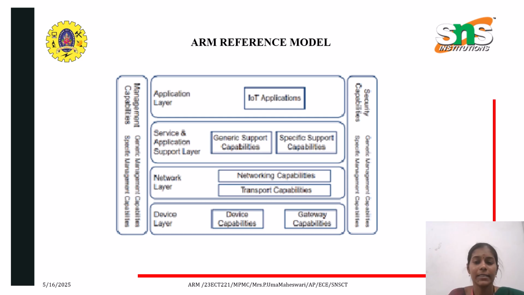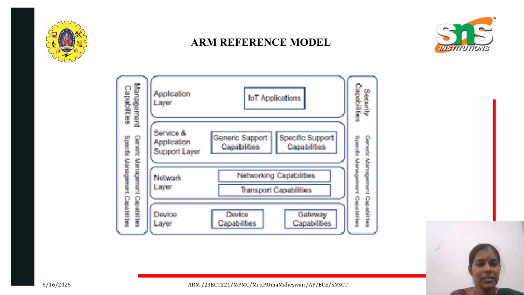It also acts as a blueprint, by identifying the common components, and they are interconnected. What does ARM aim to promote? It is also an IoT domain, and it facilitates the development of systems and helps them work together.